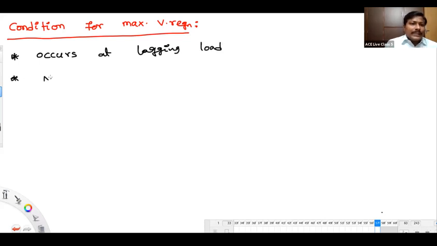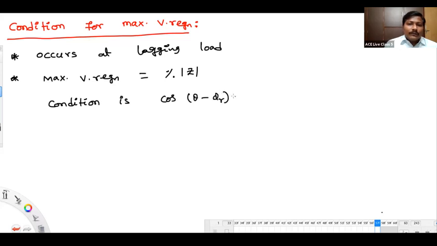And the maximum voltage regulation value is percentage mod Z. We are saying directly. Now the condition is cos of theta minus phi r equals 1.